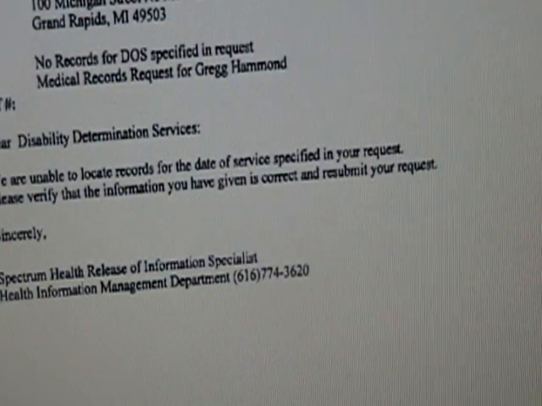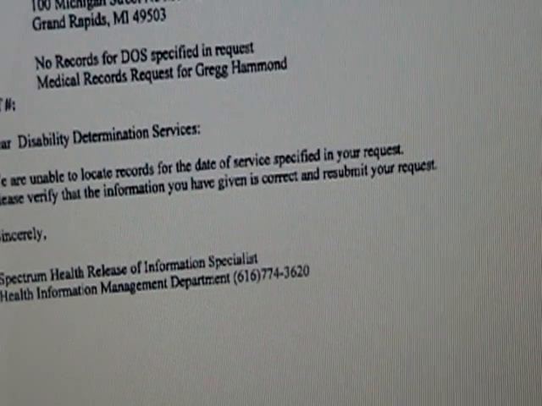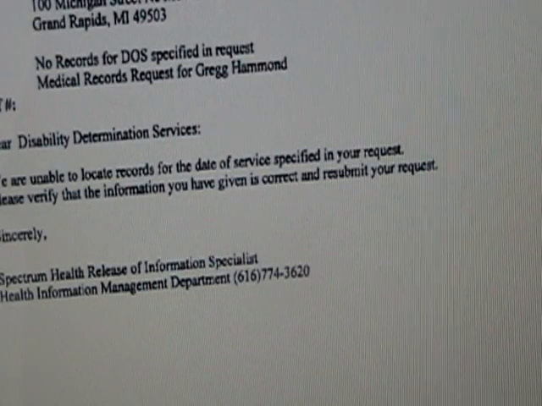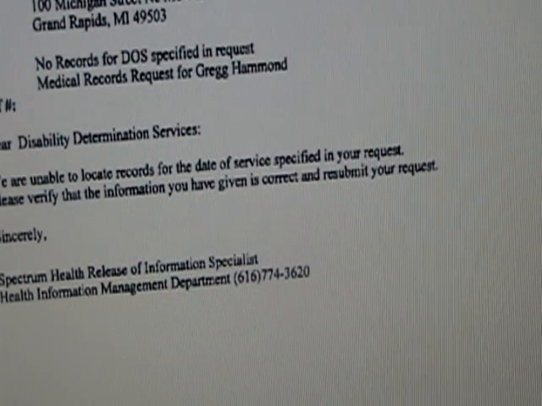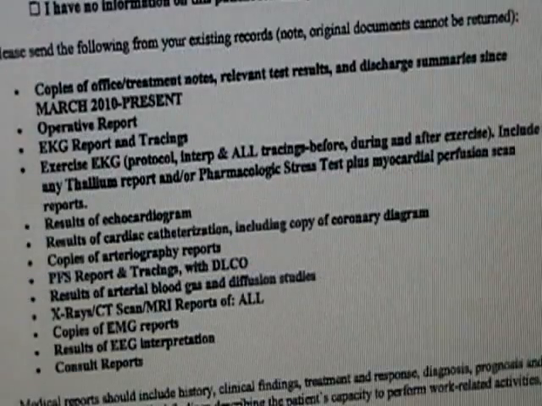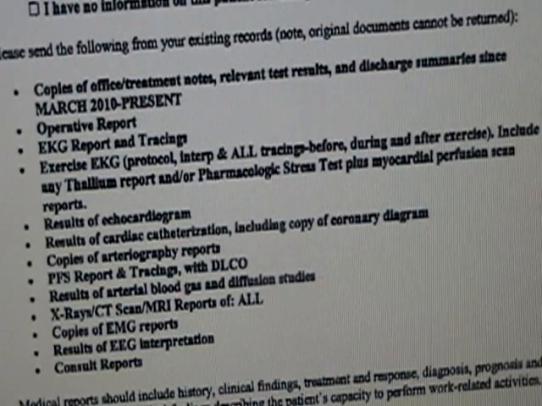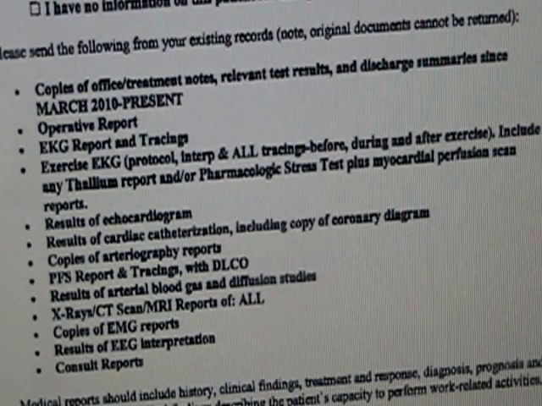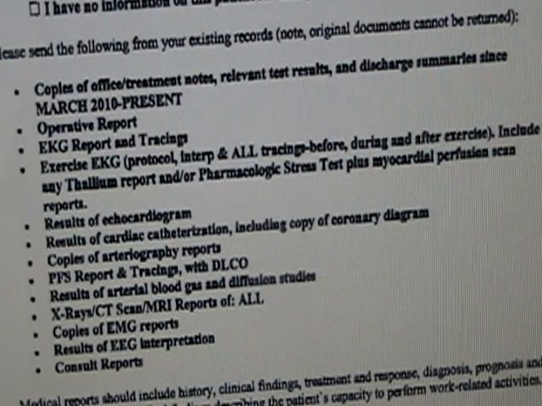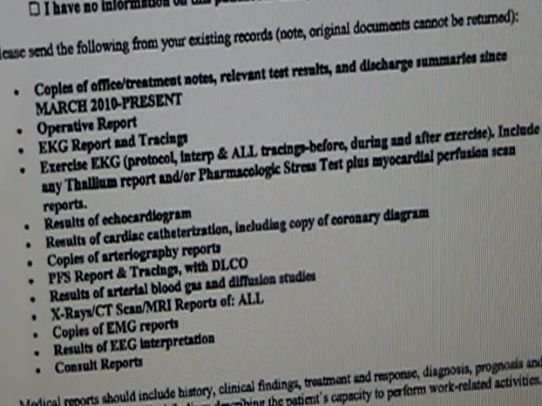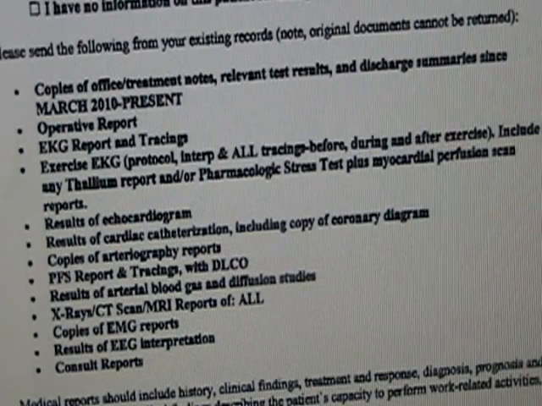Look at this. No records for date of service specified in request on the medical records request for Greg Hammond. This is from Spectrum Health to DDS. Oh look! DDS sent a form to Academic Surgical Associates. Look, I have no information on this patient.